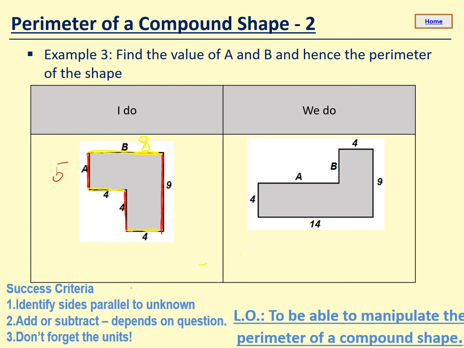So now I need to add all the numbers around the shape: 5 plus 8 plus 9 plus 4 plus 4 plus 4. That gives me 34 centimeters. Okay, now pause the video and have a go at the next question yourself.